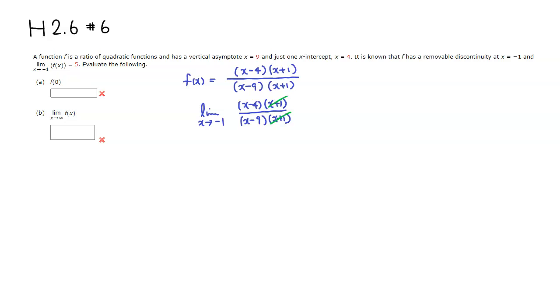Then you basically plug in. We end up getting -1 minus 4, so it's -5 on top. Then here you have -1 minus 9, so it's -10. So dividing through, this is going to give us 1/2.